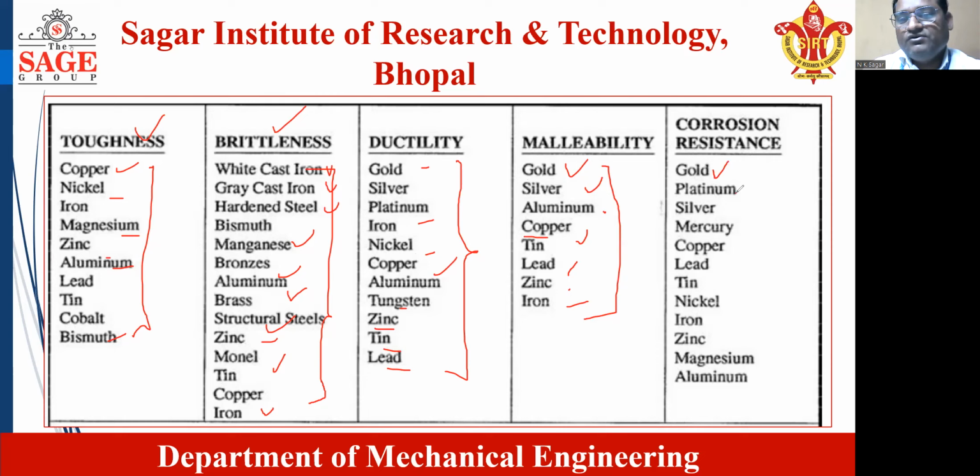Then next, gold, platinum, silver, mercury, copper, lead, tin, nickel, iron, zinc, magnesium, aluminum, etc. all have corrosion resistance. Many of the materials have multifunctional properties. So these are the examples for the different properties.